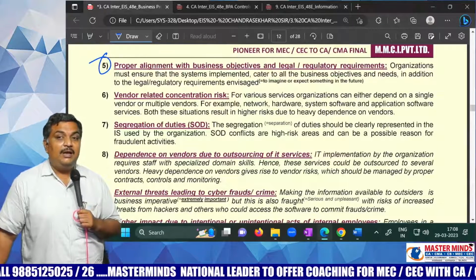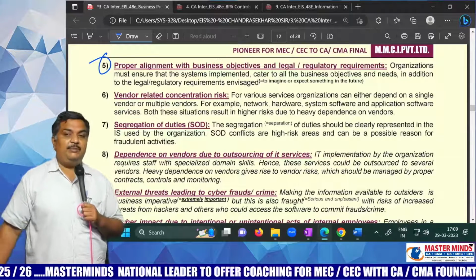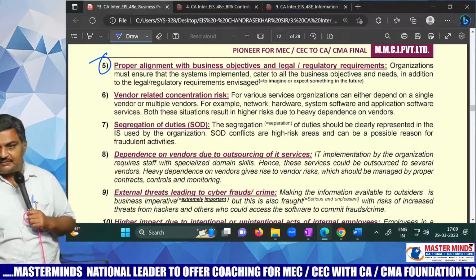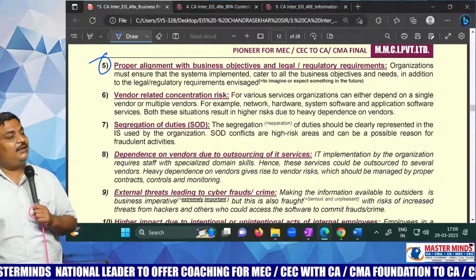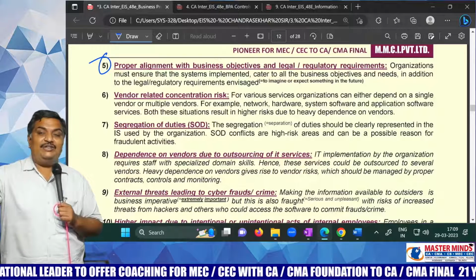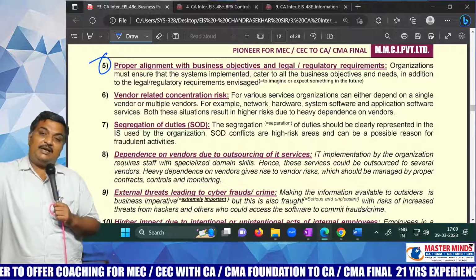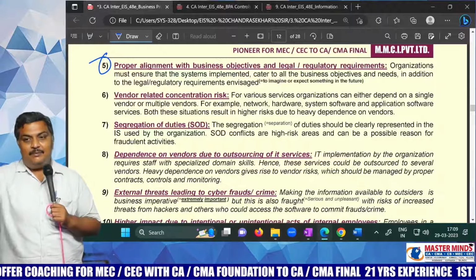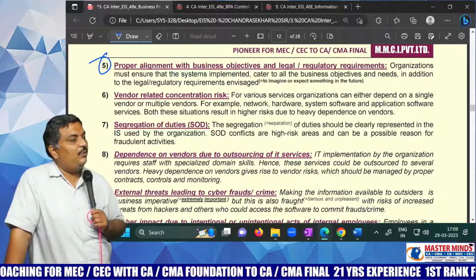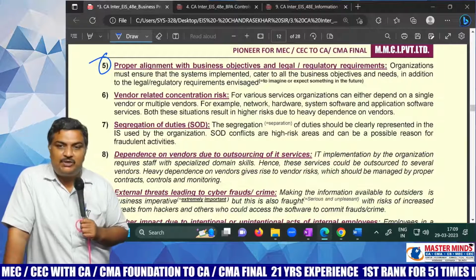For example, if I am using a salary calculation software in India, and that software is not made according to the Gratuity Act and the PF Act and all, and it is making its own calculations, and the salaries are deposited in a wrong way in the employees' accounts, immediately what happens? Some employees may proceed legally against me.